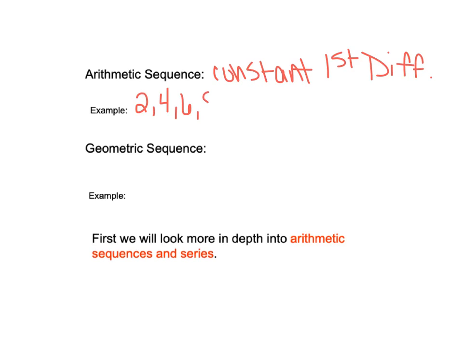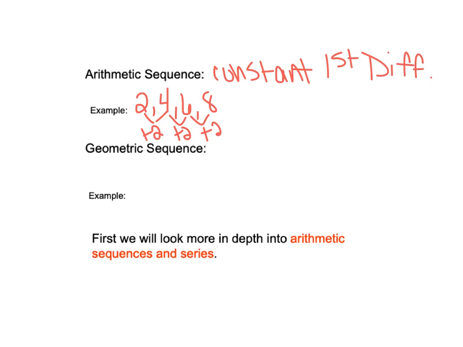If you notice the first difference here from 2 to 4, it goes up 2. From 4 to 6, it goes up 2. From 6 to 8, it goes up 2. So your first difference is 2, and it's constant every time, which means that's an arithmetic sequence.